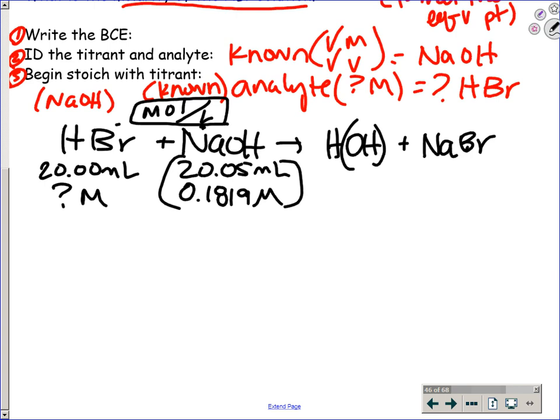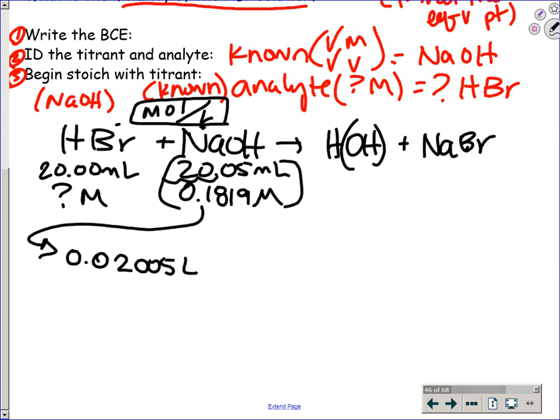Notice that my molarity is here, but I have this in milliliters, so I should convert that to liters first, because I can't really work with milliliters here. So what is 20.05 milliliters in liters? You're moving the decimal back three places because there are 1,000 milliliters in a liter.